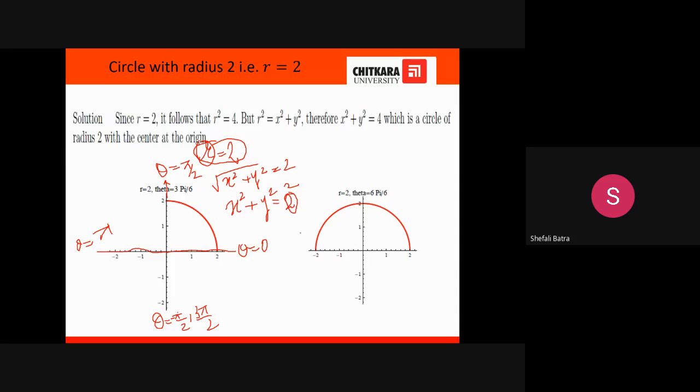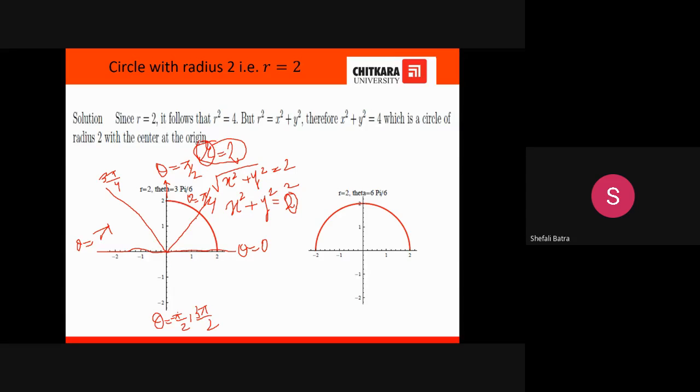So you need to remember these lines. Similarly, if I am drawing a line in between, it would be theta is equal to pi by 4. Right? 0, pi by 4, pi by 2. And if I am drawing a line in between pi by 4 and pi by 2, it would be 3 pi by 4.